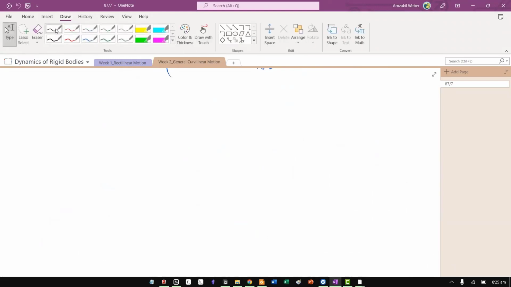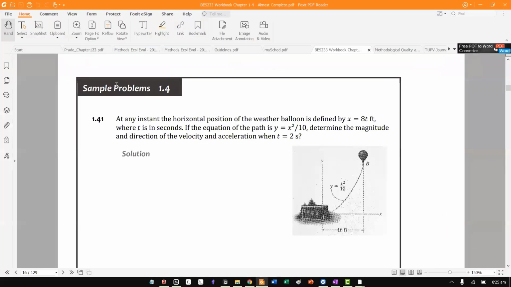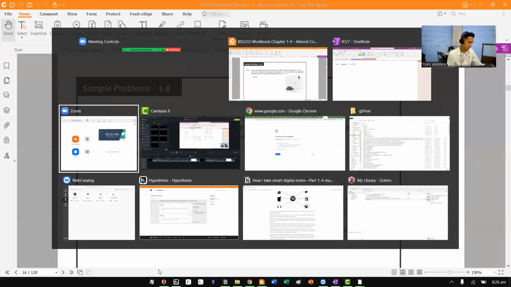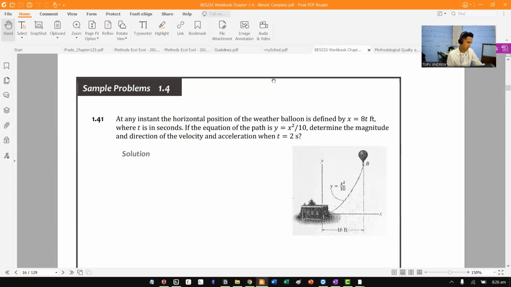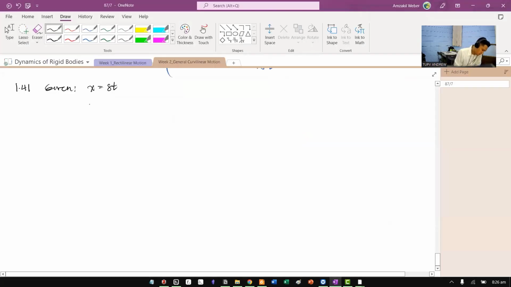Okay, so that is 1.41. So first we have the given: x is equals to 8t, and y is equals to x squared over 10.